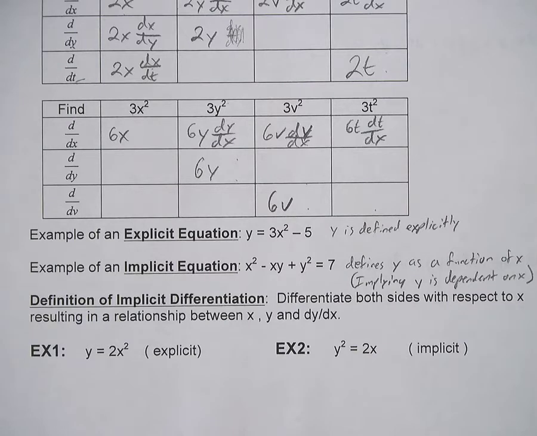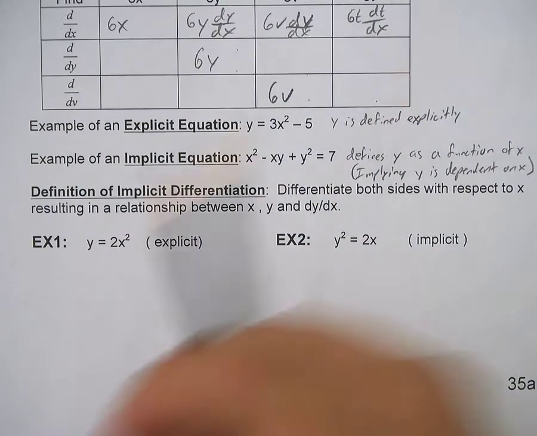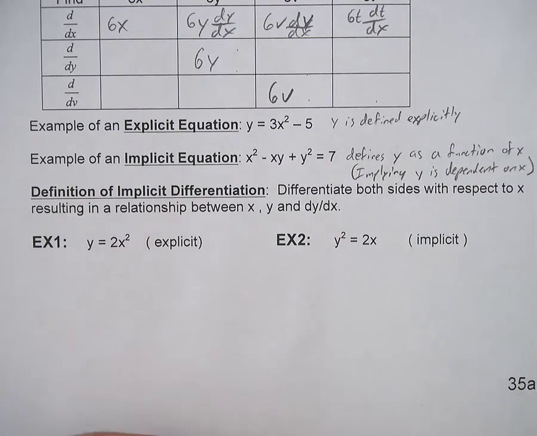There are a couple of guidelines for these, but let's start off with a basic one here. y is equal to 2x squared. Now this is an explicit definition because it says y equals. So if I want to take the derivative, you take the derivative of both sides. Now you've actually been doing this already for quite some time. You just didn't know it as this.